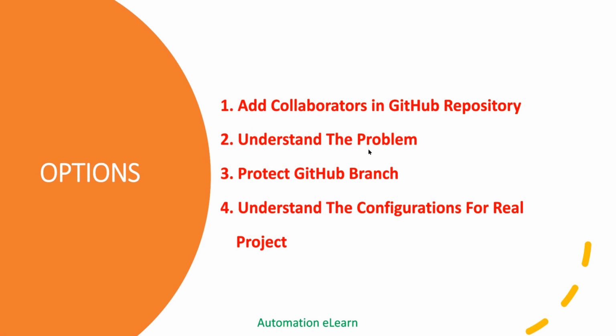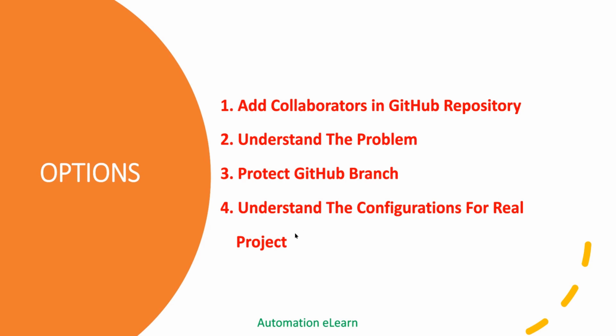So we will understand that problem, which is very important and related to the security of your branch. And the third point is we will see how we can protect our GitHub branch, and we will understand about these configurations, like adding collaborators and protecting your GitHub branch, how these settings are configured for a real project in an enterprise environment.